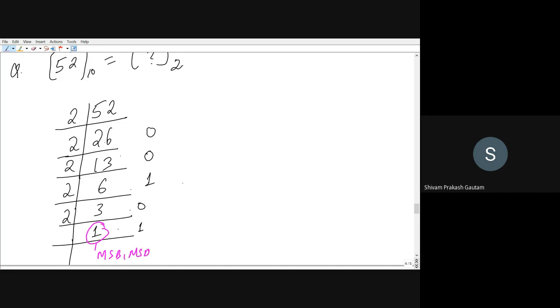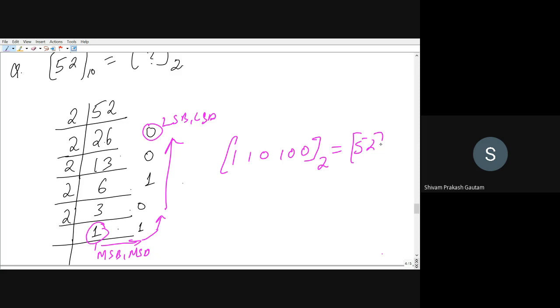And this corresponds to your LSB or LSD, the least significant bit or least significant digit, and you proceed in this way. So just see the flow: 1 1 0 1 0 0 to the base 2. This is equivalent to 52 in decimal.